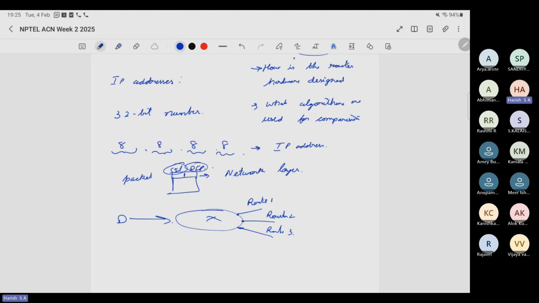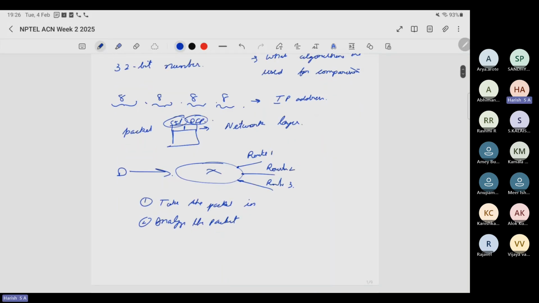So first, take the packet in and analyze the packet.